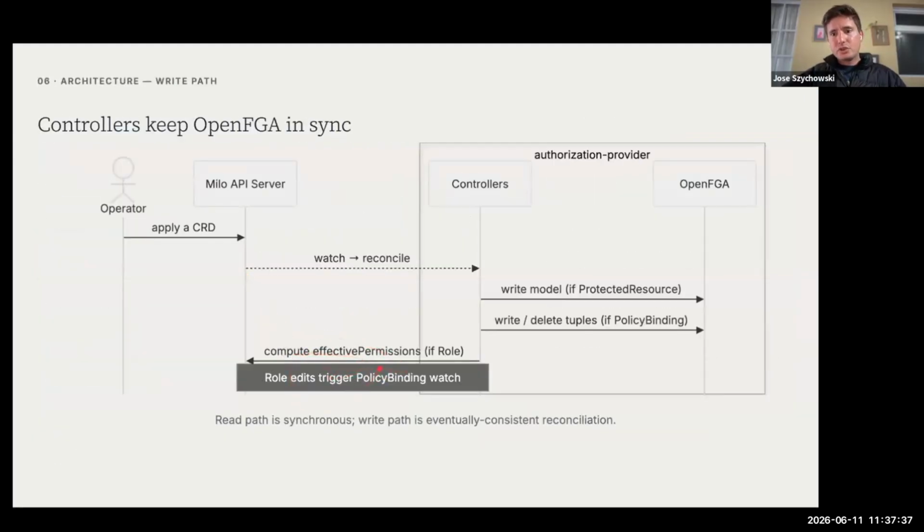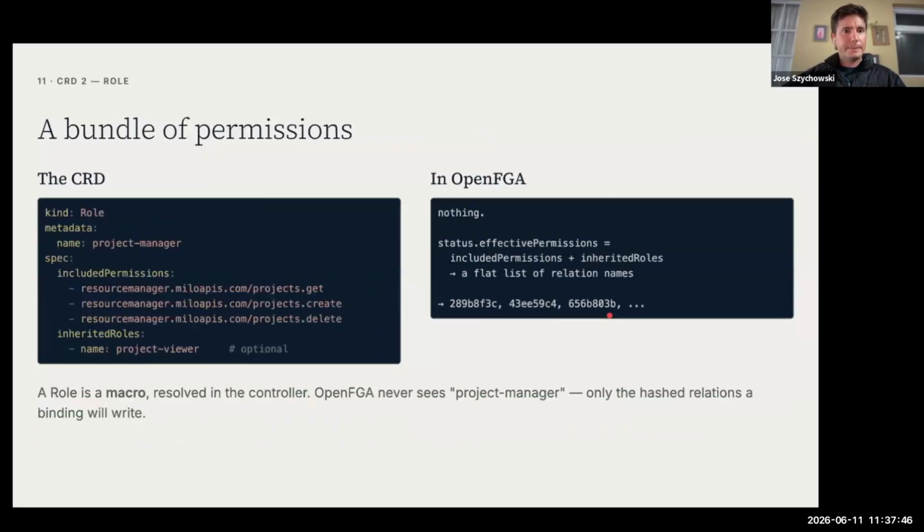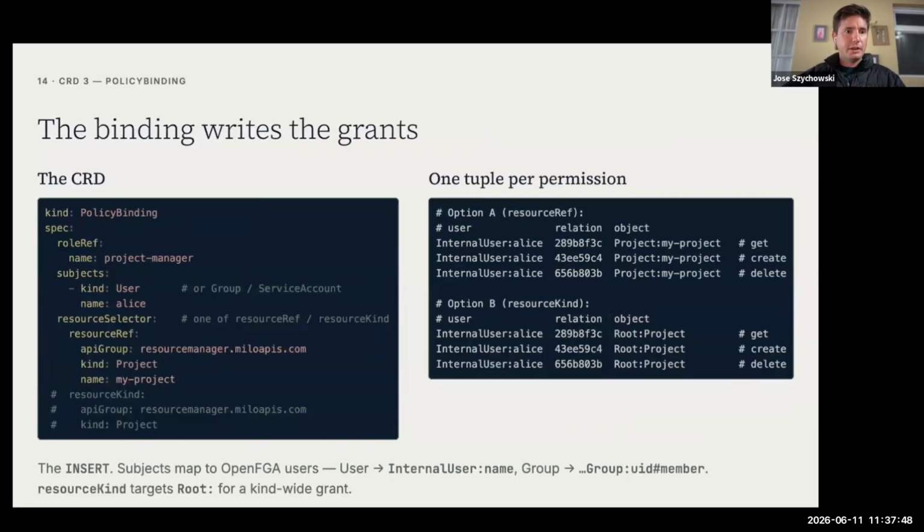Okay, because the roles don't create any tuple on OpenFGA. So for example, when we go to the policy binding, we can see that the policy binding refers to a role.